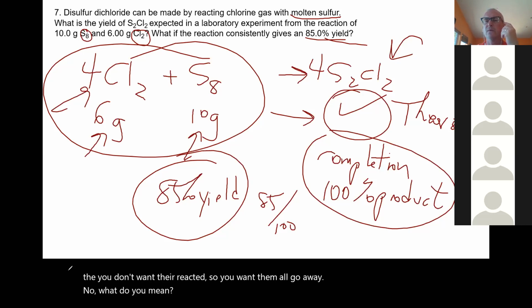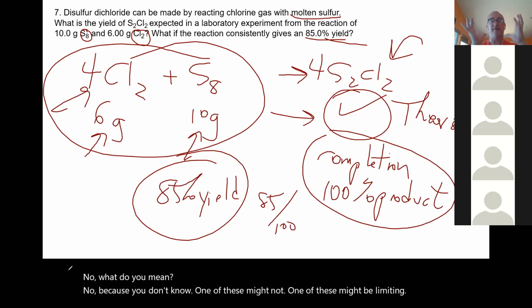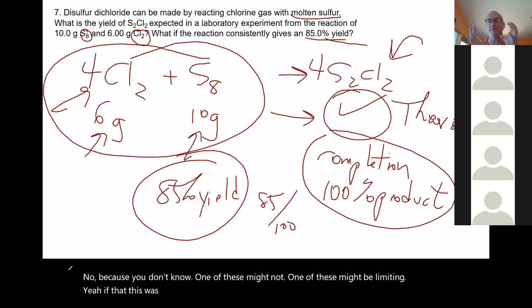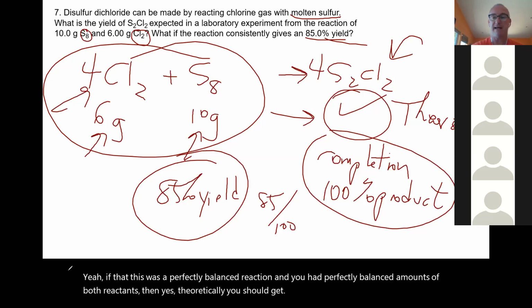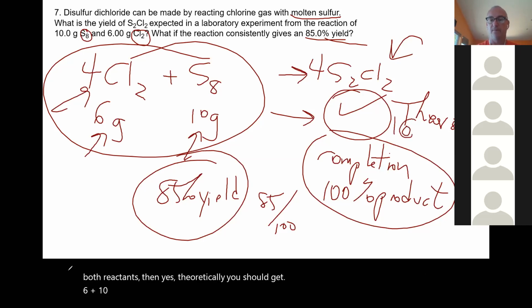In order to get the theoretical yield, no, because you don't know. One of these might be limiting. Yeah, if this was a perfectly balanced reaction and you had perfectly balanced amounts of both reactants, then yes, theoretically, you should get 6 plus 10 equals 16.